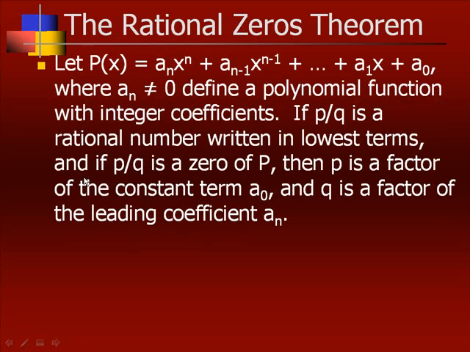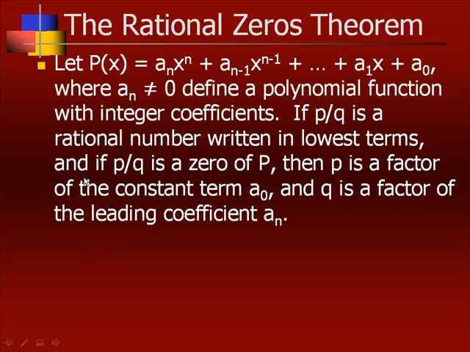Now the rational zeros theorem says, let P of x be of that general form. If P over Q is a rational number written in lowest terms, and P over Q is a 0 of P, then P is a factor of the constant term a sub 0, and Q is a factor of the leading coefficient a sub n.